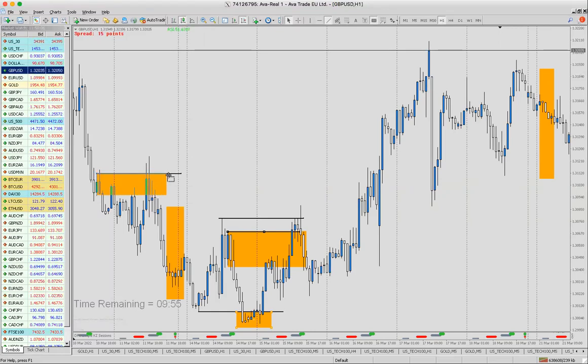Well, it is a failed order block, but it's a respected order block. It looked like it was going to turn into a breaker, but didn't close above. So therefore, it's not a breaker. It's an order block. But that's what I'm talking about. It's got to close over the breaker in order to be a strong breaker structure. That's why price continued down and it respected as an order block.